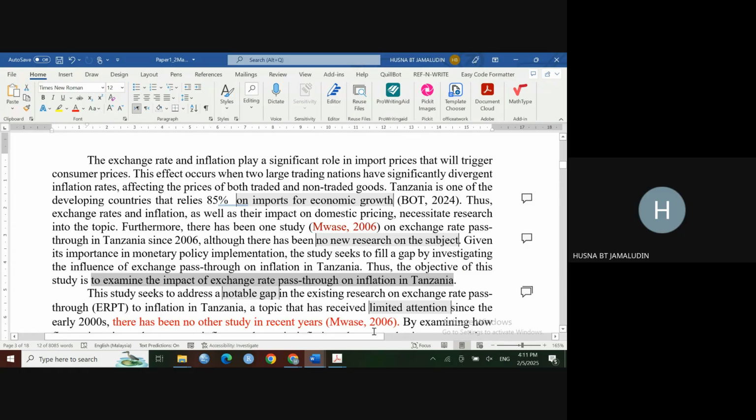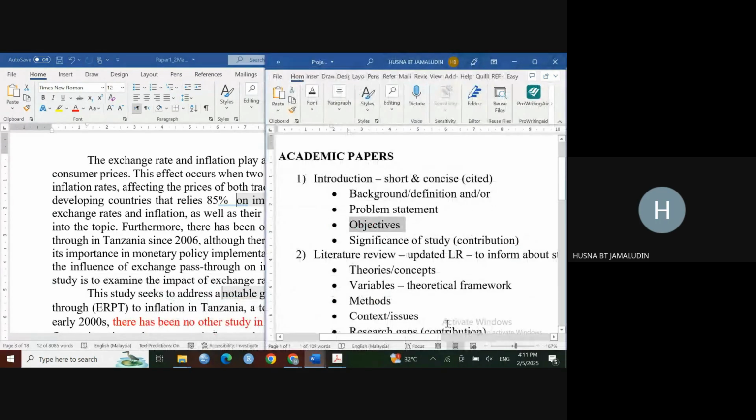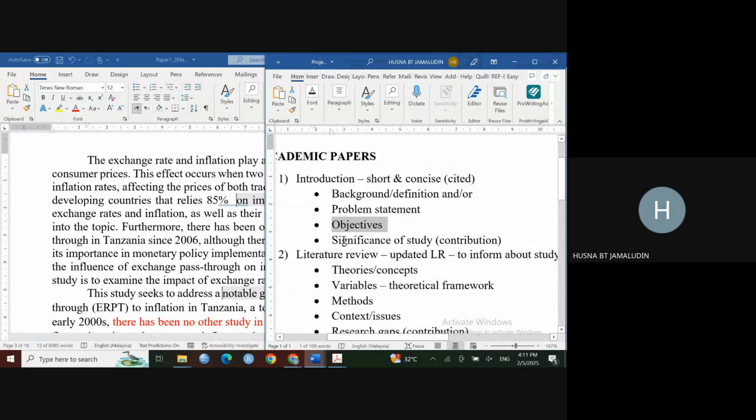We are here to improve, right? So next is something compulsory: to show the contribution of your study to the existing literature. If your study doesn't contribute anything to the world, what is the purpose of having your study?